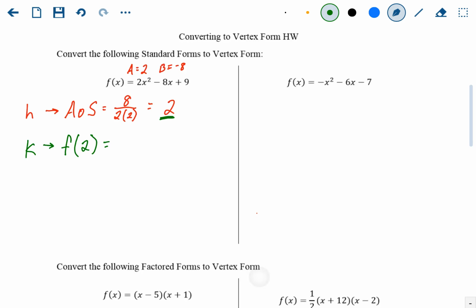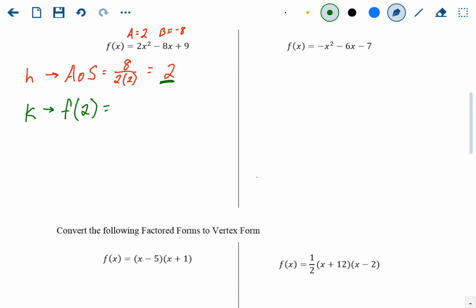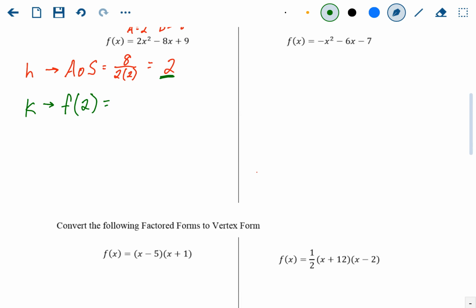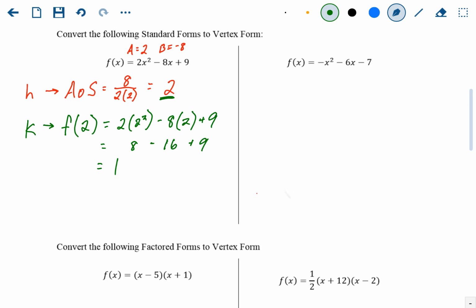So we plug in 2 for every x value. 2 times 2 squared minus 8 times 2 plus 9. Okay. That's 8 minus 16 is negative 8, plus 9, which is 1. So that is your k value.